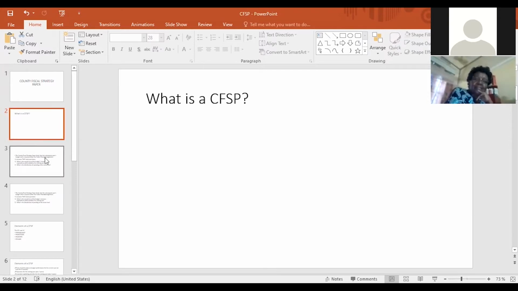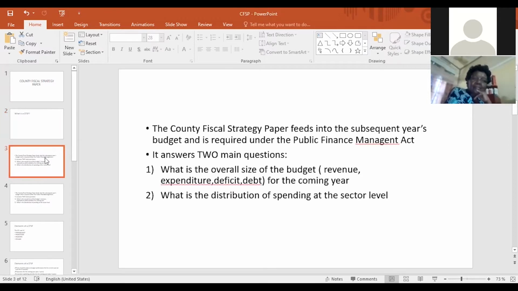Okay. So the county fiscal strategy paper feeds into the subsequent year's budget and is required under the Public Finance Management Act. The Public Finance Management Act is a legal framework that all counties have to adhere to.